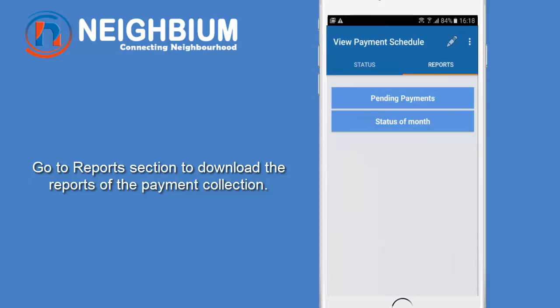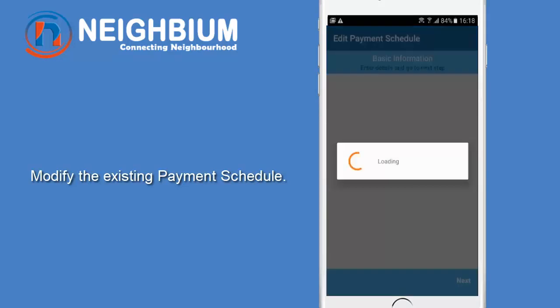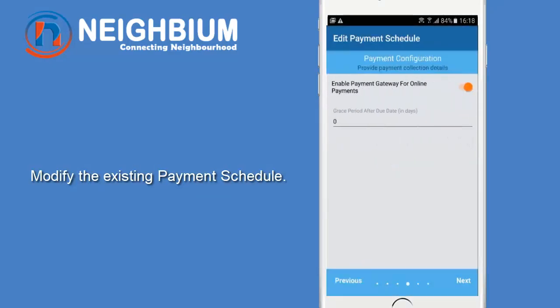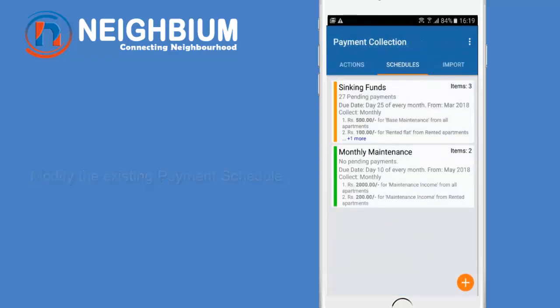Here you can download and share the reports with other members. You can also modify the existing schedule by clicking on the edit icon from the top. Modify the details you want. Click on Save to update the schedule.